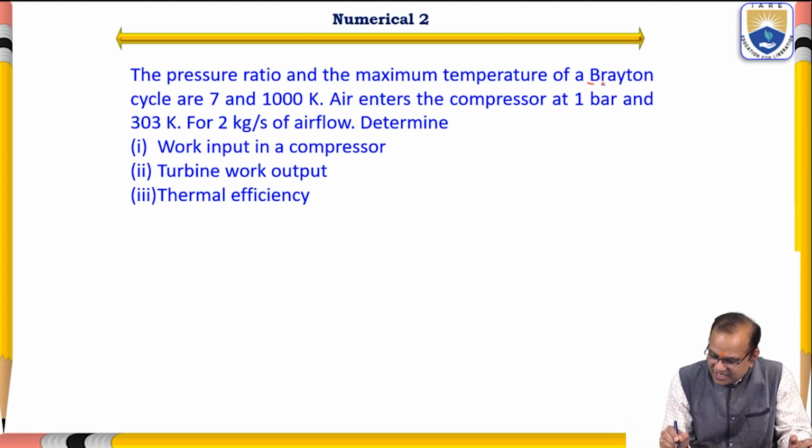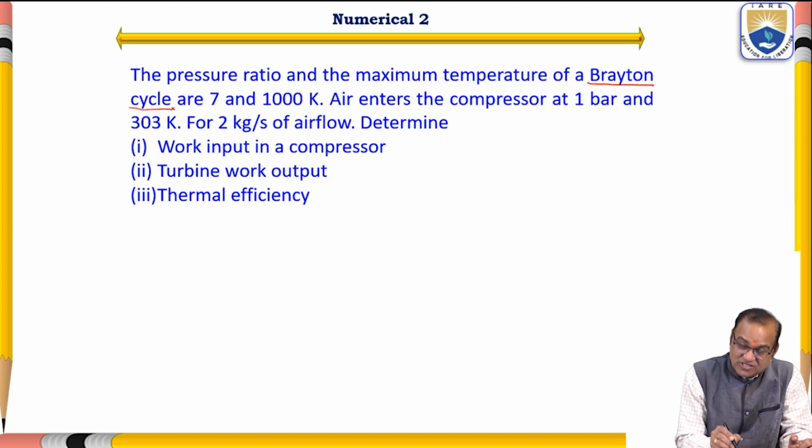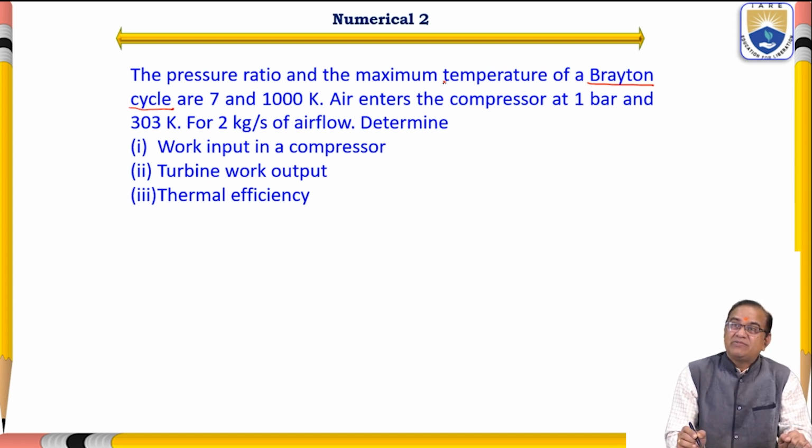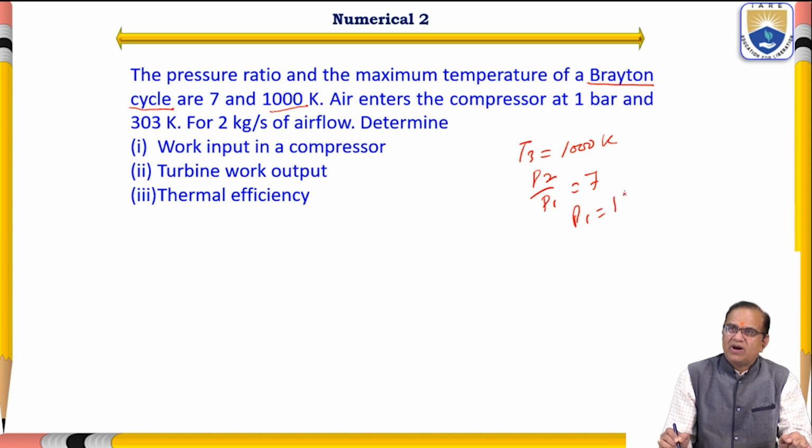You first have to see which cycle it is, then which medium is used, air or anything else. The maximum temperature is 1000 Kelvin, so T3 is equal to 1000 Kelvin. The pressure ratio P2 by P1 is equal to 7. P1 is equal to 1 bar and T1 is equal to 303 Kelvin.